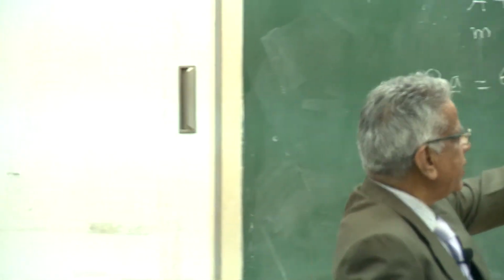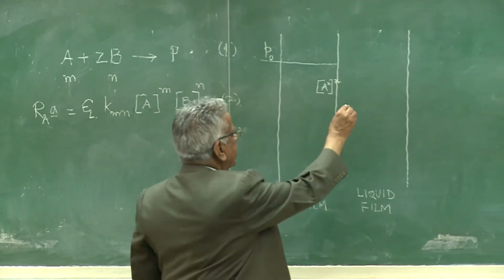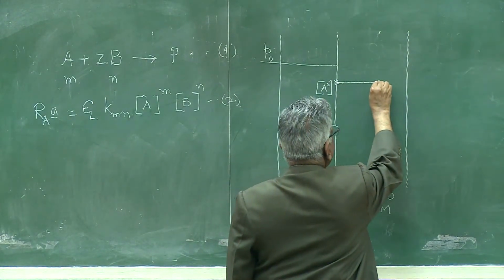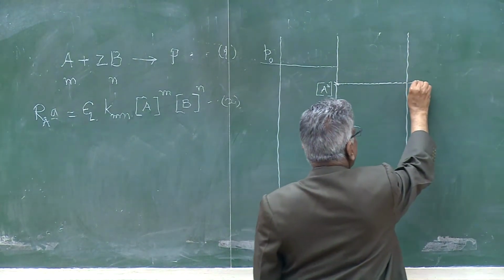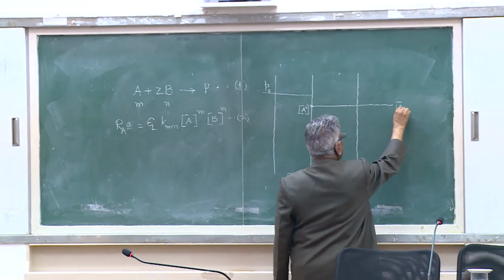So, the interface concentration is A star. There is one extreme where no resistance is offered by the liquid phase, and the liquid phase concentration is also A star.